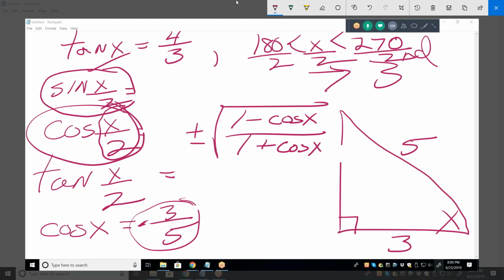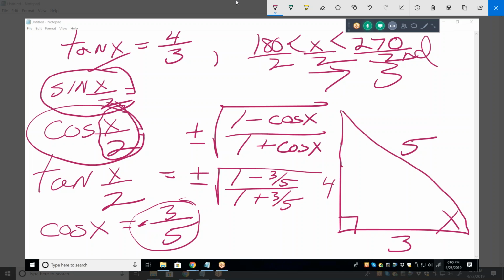So, again, we don't need the tangent of x, we just need the cosine of x. All three of these questions depended only on knowing the cosine of x, which we know. Cosine of x is negative 3/5. So it's plus or minus the square root of (1 minus 3/5) over (1 plus 3/5).